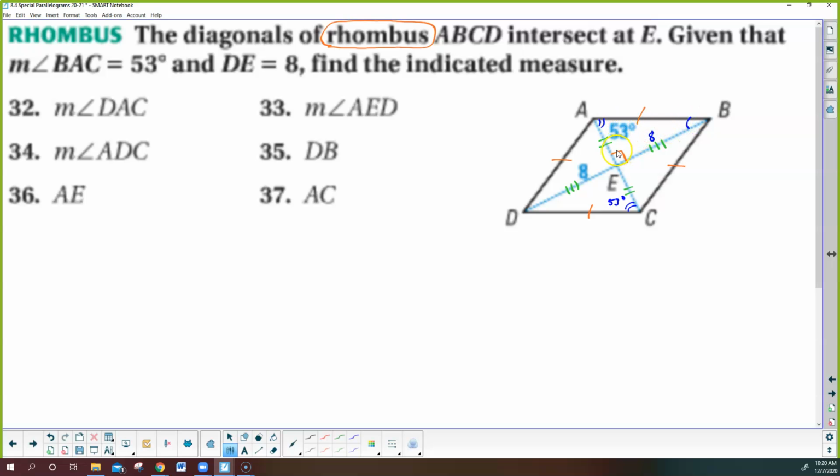If this is 53 degrees and this is 90, we can find this angle here very quickly, right? Because that's just a triangle. They all have to add up to 180. So if I take 180 minus 90, 90 degrees is left between these two. And 90 degrees minus 53 gives me 37.